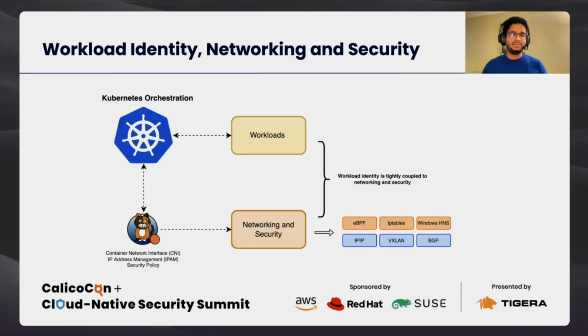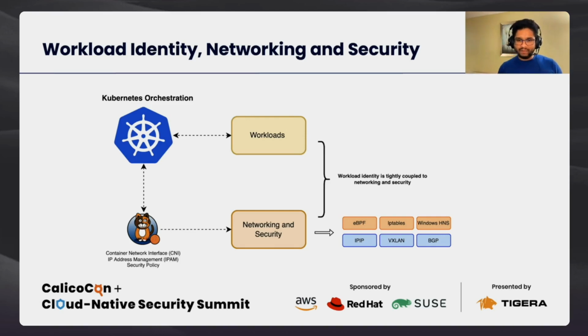With those challenges also comes an opportunity, and we'll look at Calico a bit in this slide. Calico, among certain other functionalities, primarily offers the container network interface for Kubernetes, IP address management, and the security policy engine.